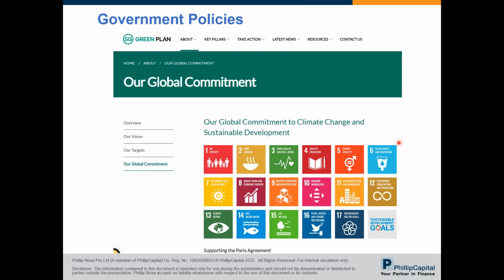Okay, so how about government policies? When you Google Singapore Green Plan, you will come to the website which has articles sharing what the Singapore government's plan was in support of the Paris Agreement, what we're going to do in order to steer our economy, steer our country to a greener source of energy.